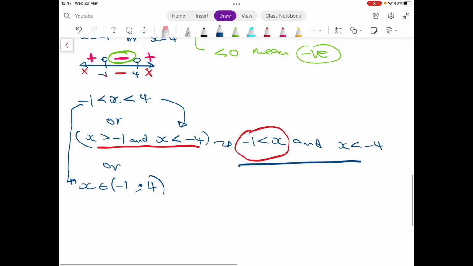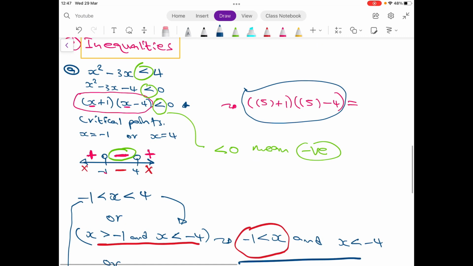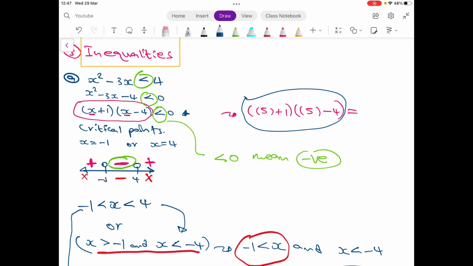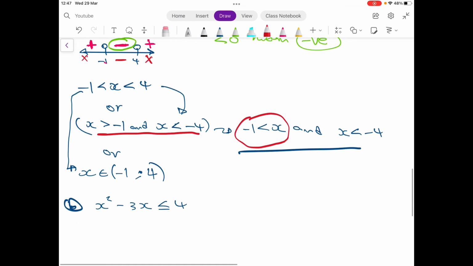Okay, let's look at another example. B, suppose you have a situation like this: x squared minus 3x is less than or equal to 4. It's basically the same problem, but we're just putting an equal sign there, so we're going to be quick on this one.